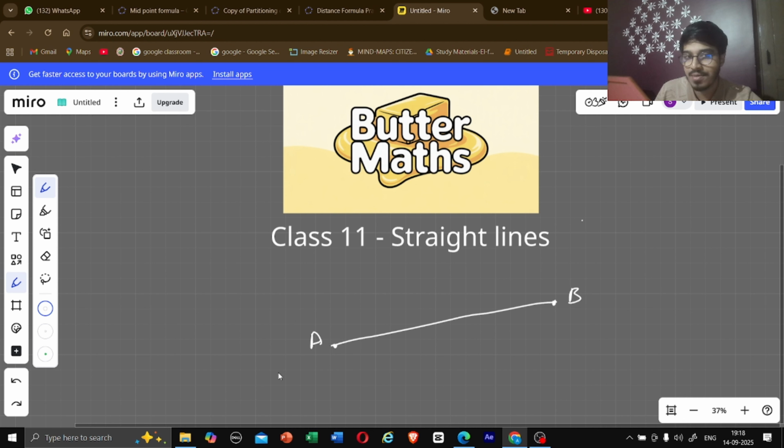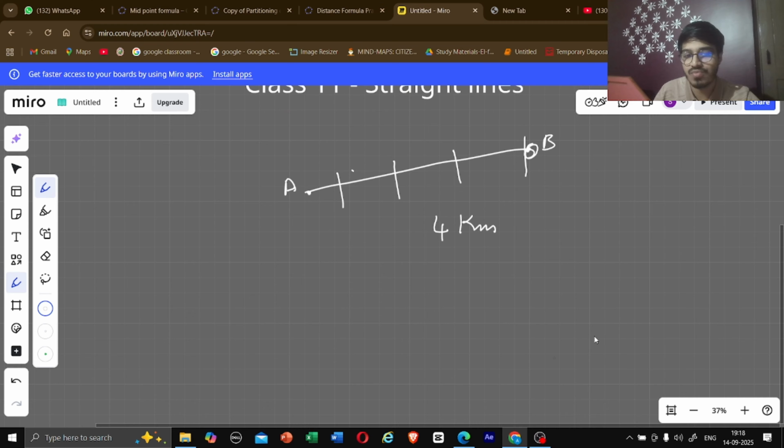You'll take a measuring tape and you'll measure. Imagine you have a measuring tape of 1 kilometer and you'll start to measure. Here from here to here is 1 kilometer, 2 kilometer, 3 kilometer, and 4 kilometer. So you'll conclude that from my home to my friend's home, it's 4 kilometer. So you measured like this.